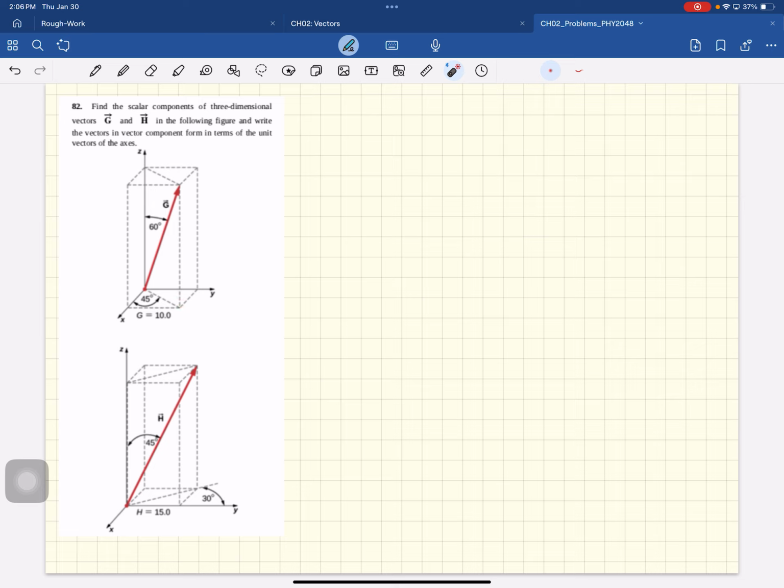They give you this angle, they give you this angle, and they give you this component, the y component. So for a three-dimensional vector, there are three pieces of information that they need to give you to specify it completely. They've given you this, so this should really be gy.